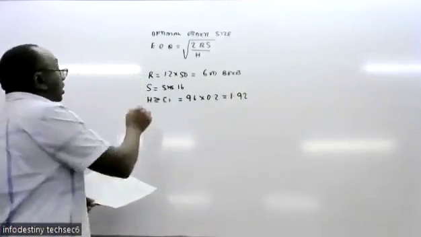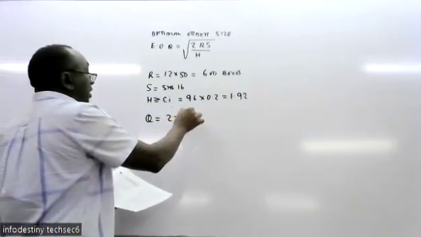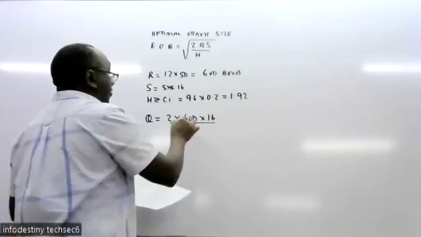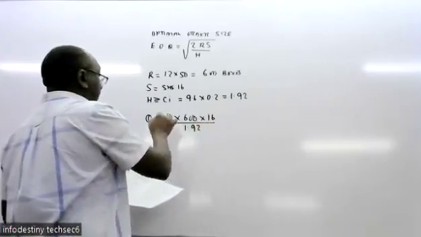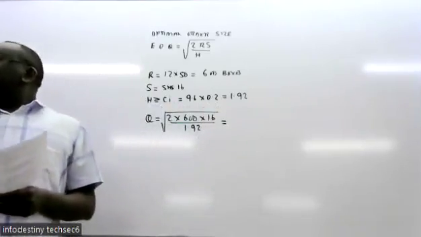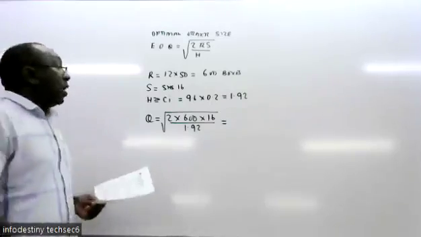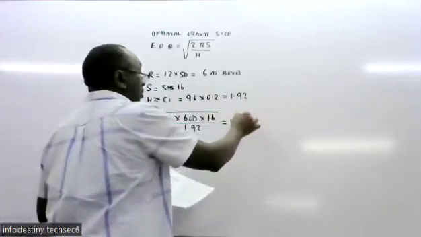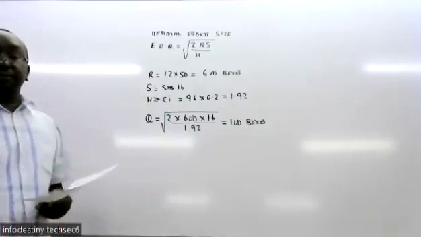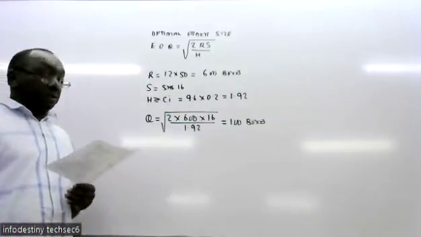With that, it is possible to get our Q as the square root of 2 times 600 times S, which is 16, divided by 1.92. That gives 100 boxes.